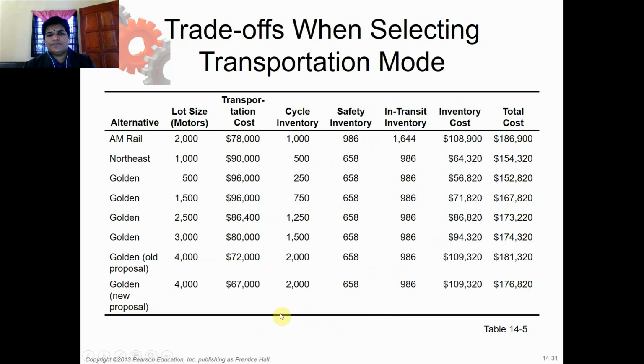So you see, these are the calculations that we present in a table form. So look at the total cost here. The highest cost will be on rail. Rail's total cost is 186,900, but the motors that can be shipped is 2,000 units.